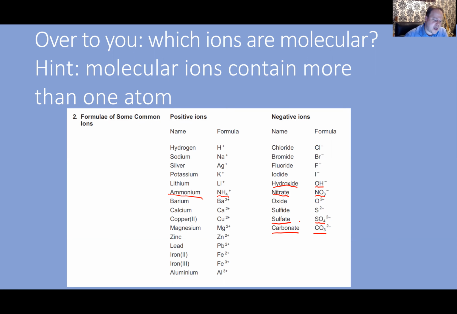I'm going to show you how you sometimes have to be aware of additional rules when it comes to working out the formula of an ionic compound that contains these particular ions. If you use a data sheet in lessons or you have a list of ions like this in your book, my advice to you is to identify which ones are molecular and use a highlight pen to highlight these particular ions.